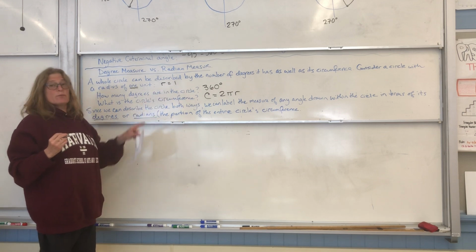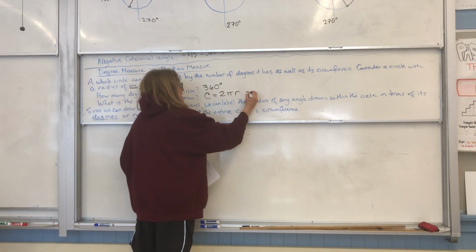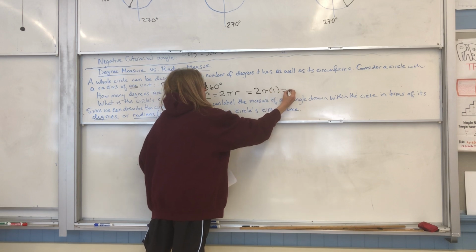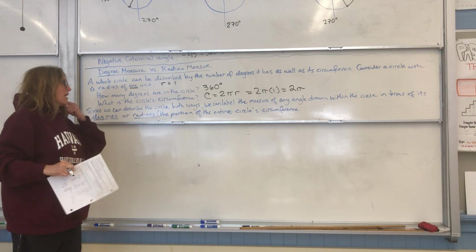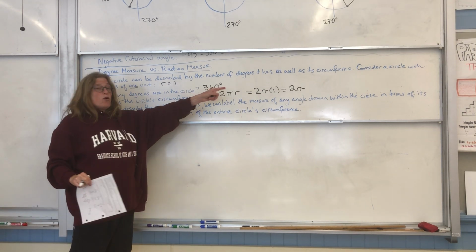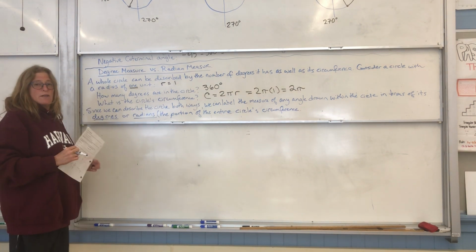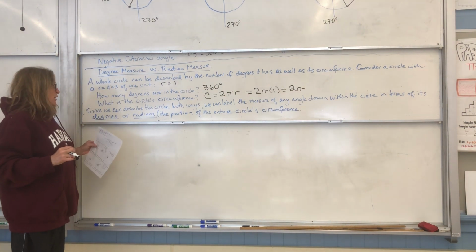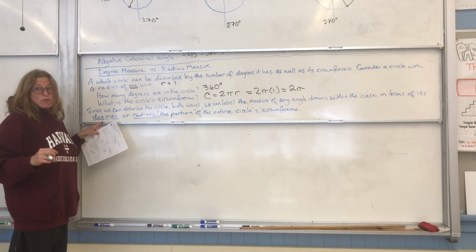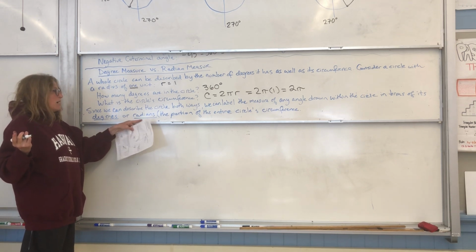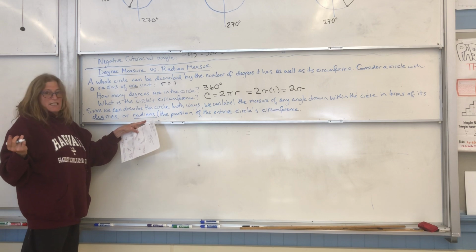But since we're given the radius of 1, we can say 2 pi times 1, which is 2 pi. So I can think of my circle as either 360 degrees or as 2 pi units around the circle. Okay, so degree measures are called degrees, and the pi measures, the circumference measures, are called radians.